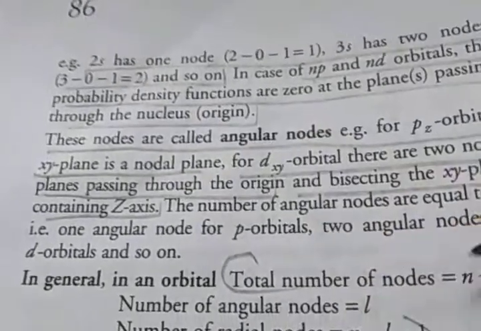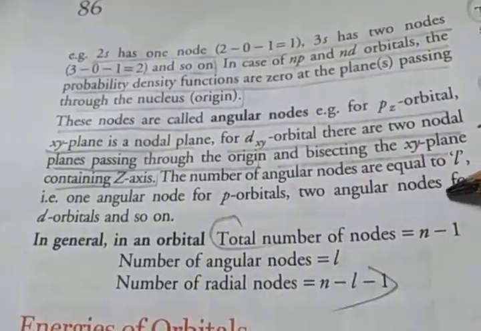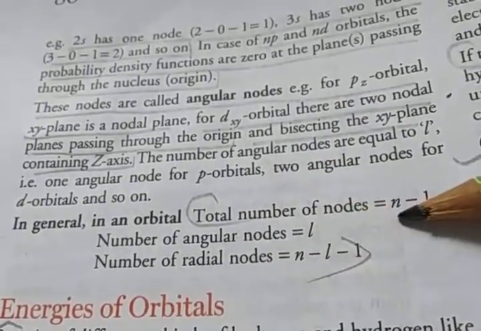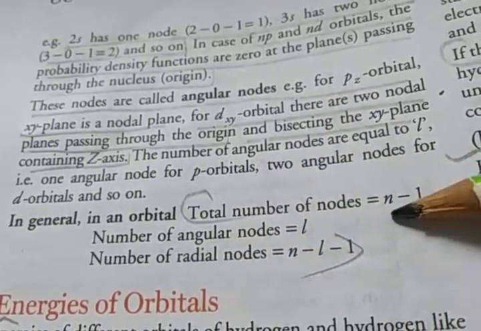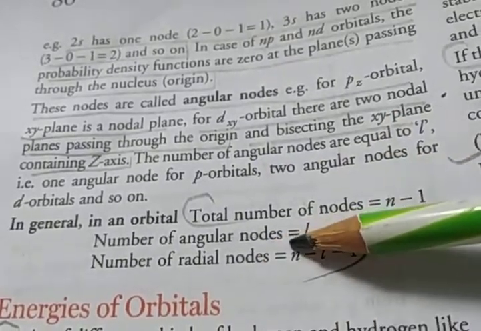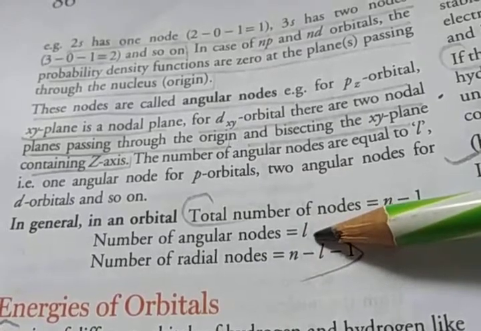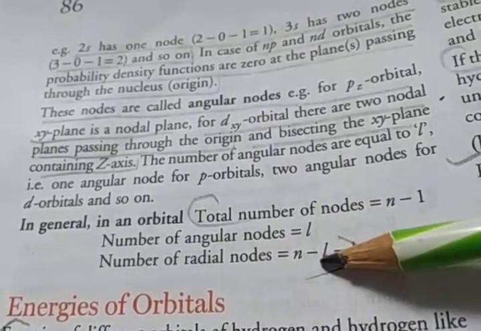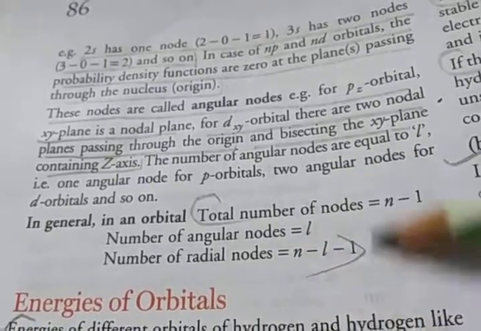So the number of angular nodes is equal to l. In general, the total number of nodes is found by n minus 1, the number of angular nodes by l, and the number of radial nodes by n minus l minus 1. So please learn these formulas.